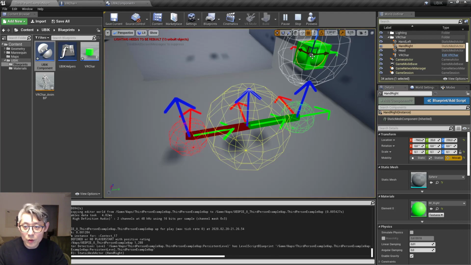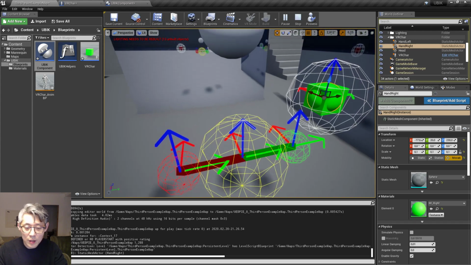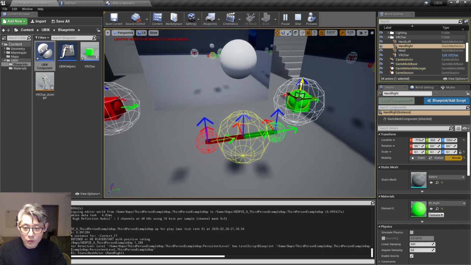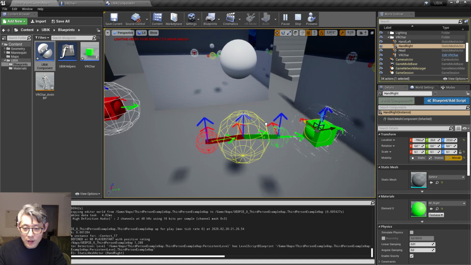Okay, so when we move forward, you can see after a certain point it starts to move with the hand, and if we move upwards, it moves upwards, but it doesn't move downwards. And it does move backwards also, but way too much.